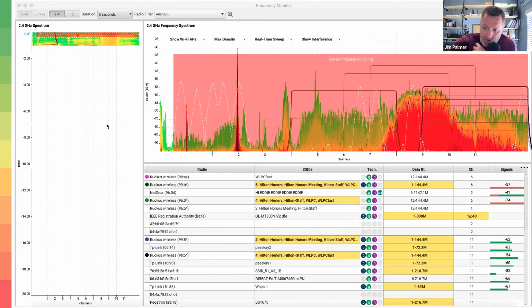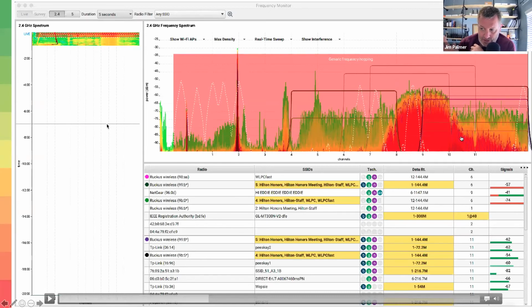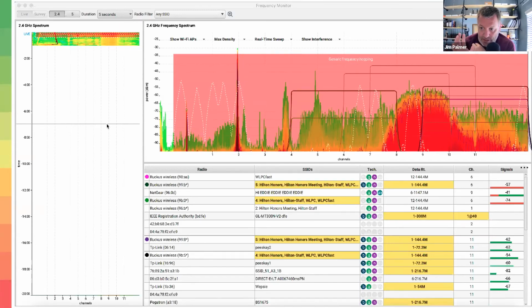But it's the duration, the amount of time that the Sidekick saw it, that was almost a constant signal. Whereas the red up around channel 9 means it's pretty constant, a lot of time, but not as much as the black. As you go down your color scale, the color is the amount of time that signal is seen, and the amplitude is how high it is.